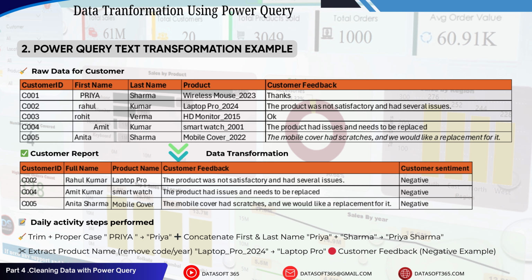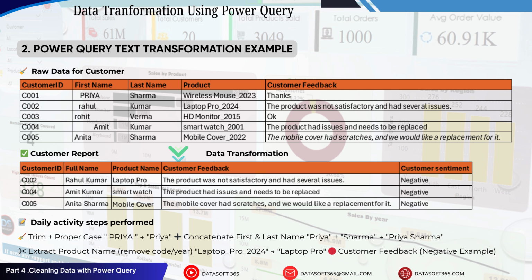Looking at the data challenges here: name and age are not in proper format, and first and last name are in different columns. We want a single column with full name. Product name contains the year at the end, and in the customer feedback, we want to check which is a positive and which is a negative comment. We will create a basic formula to identify this.